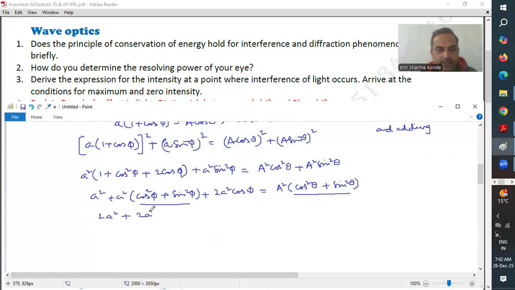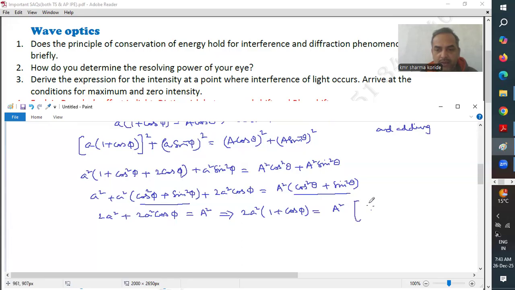There is another 2A squared cos phi. Then on the right side we have A squared. If you take 2A squared common here, you will get 1 plus cos phi is equal to A squared.